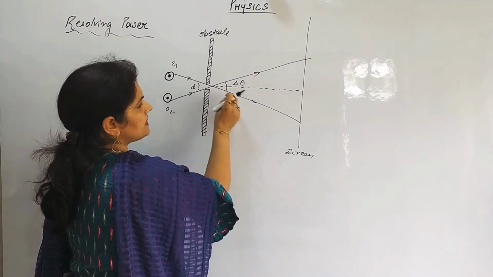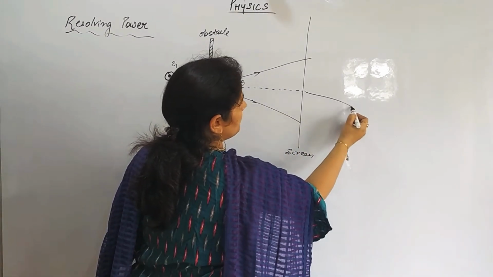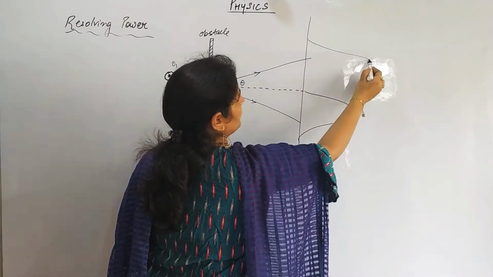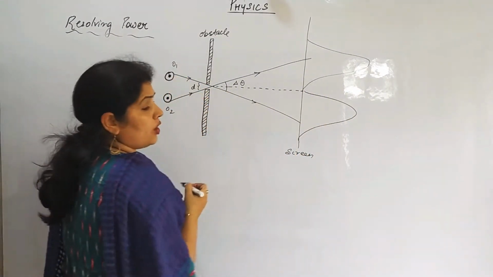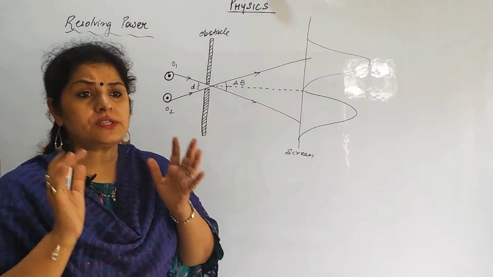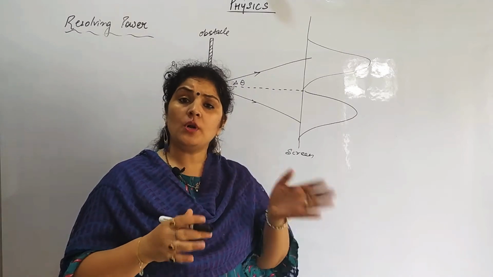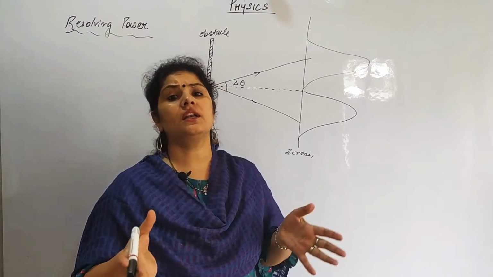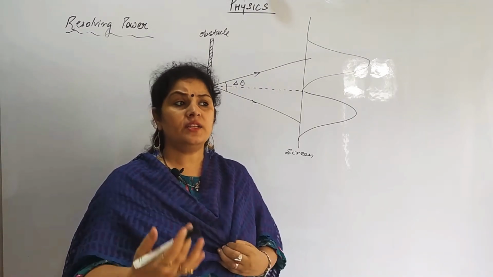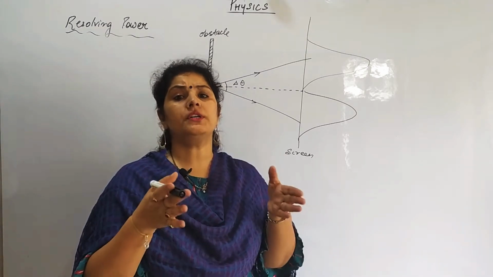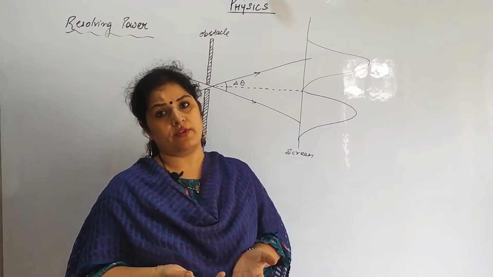Due to this light there will be some diffraction pattern like this, and due to this light there will be another diffraction pattern like this. Now we are able to see the images formed by the objects only if they are distinctly formed, right? And this ability of formation of two distinct images is called resolving power.